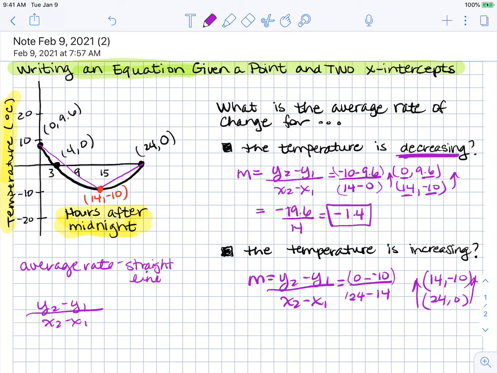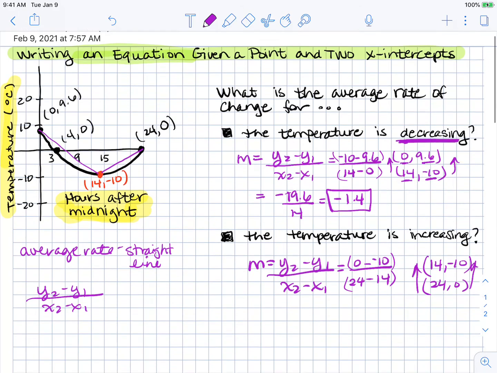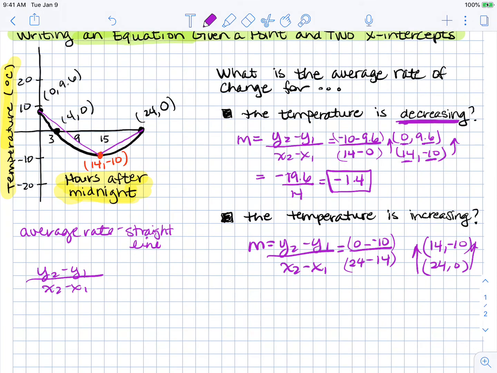Okay, so those are my y2 minus y1 and x2 minus x1. And when I do this math right here, minus minus, well, that's going to be a plus. So this is really going to be 10 on top. And down here, 24 minus 14, well, that's going to be 10 on the bottom, which gives me a rate of 1.